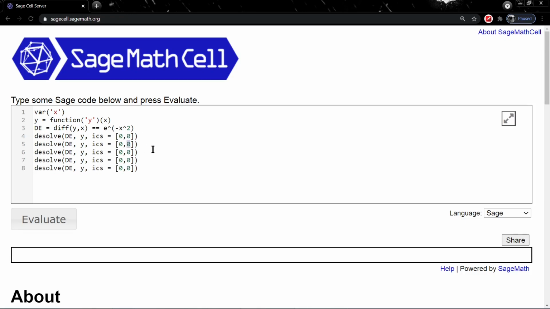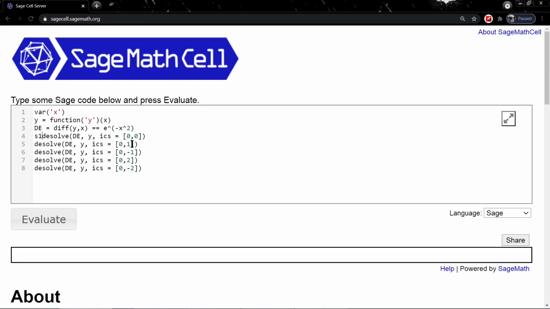The second initial condition is for x 0, y is 1. For the third, for x equal to 0, y is minus 1. For the fourth, 2, and for the fifth, minus 2. Now we are going to store these solutions in many variables.